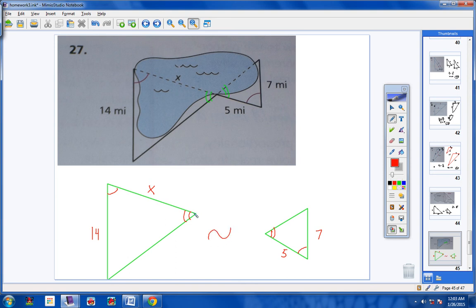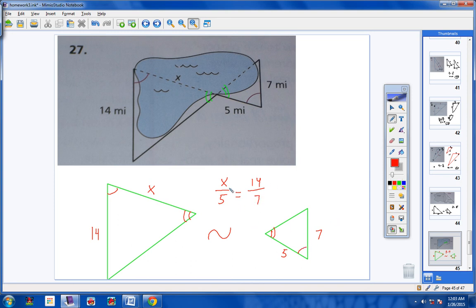Now be very careful when you match up your sides. See, this x is on the side here that has 1 mark and 2 marks. So x over, here's the side that has 1 mark and 2 marks, 5. So x over 5 equals 14 over, this is the side that has 1 mark and nothing else, and the 7 has 1 mark and nothing else, so 14 over 7.